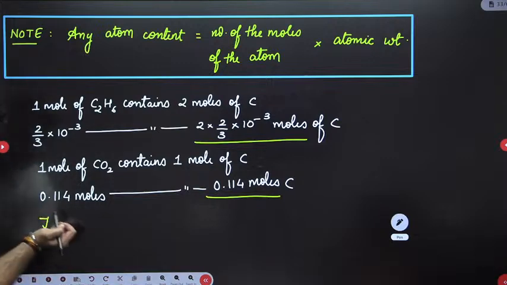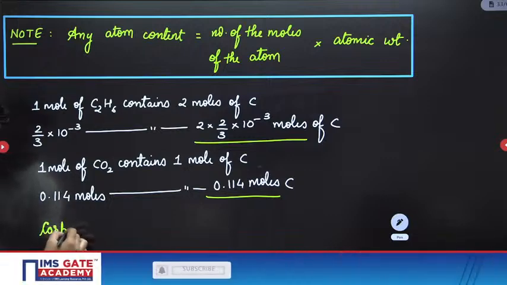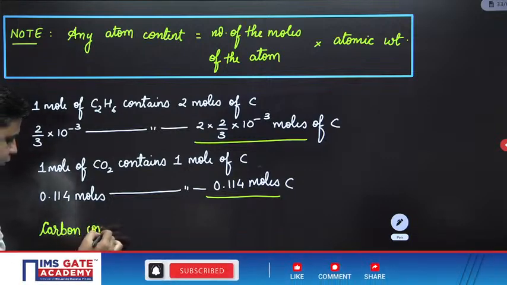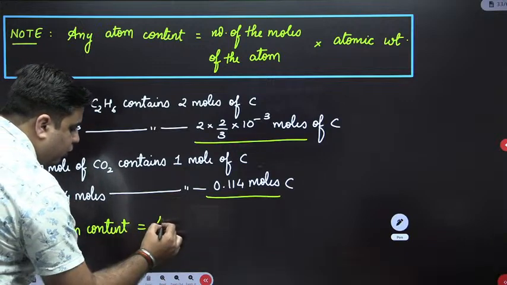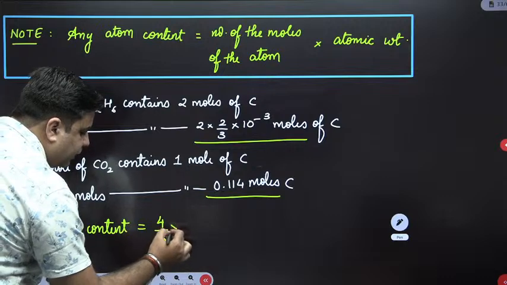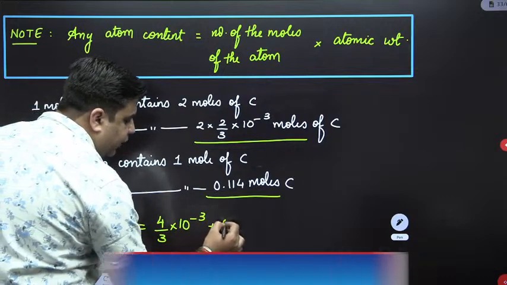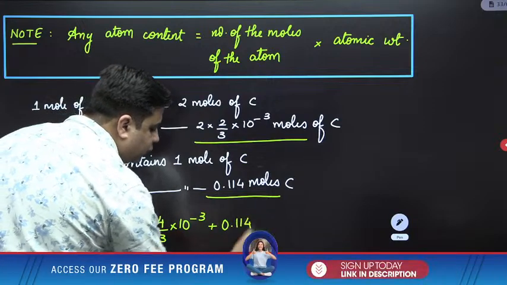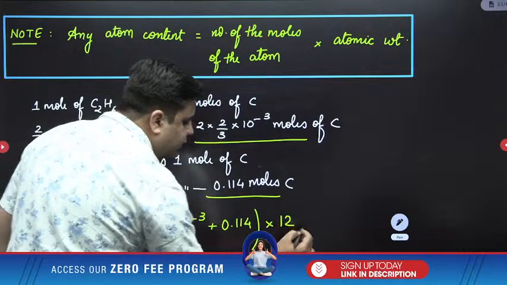So the carbon content is equal to the total number of moles of carbon, which is 4 by 3 into 10 raised to the power minus 3 plus 0.114, multiplied by the atomic weight of carbon, which is 12.